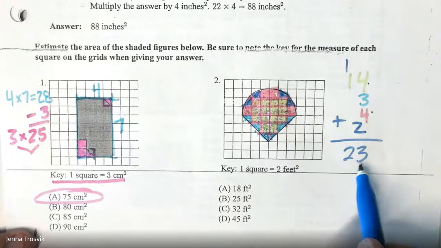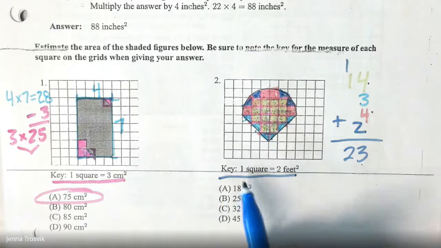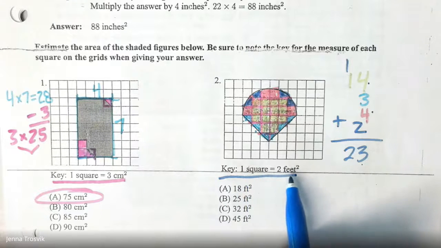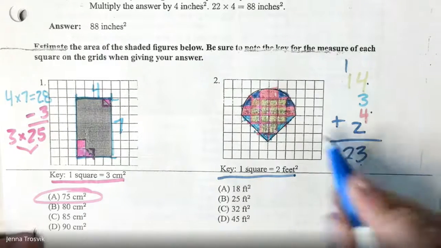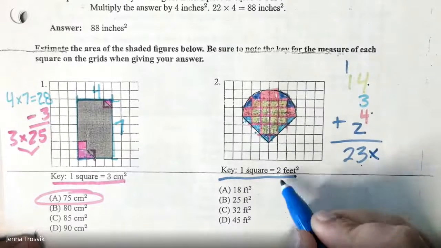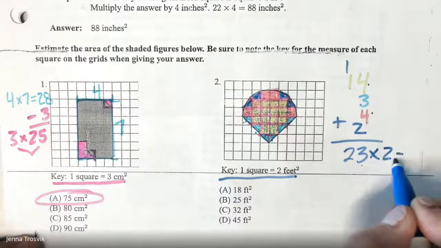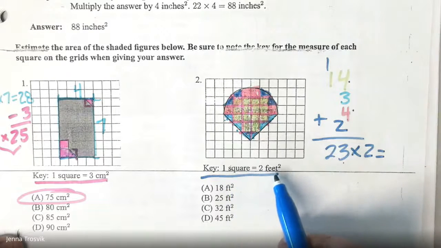Okay, now, with that being said, I'm not done because they add that extra little piece to us. So 1 square really stands for 2 square feet. So I have to take my 23 squares that I have about in my baseball diamond shape and multiply it by 2 feet, because I have to double that amount, since 1 square really stands for 2 square feet.